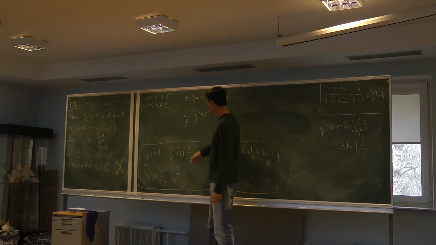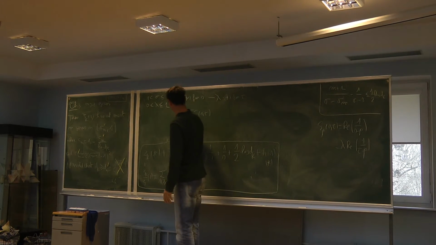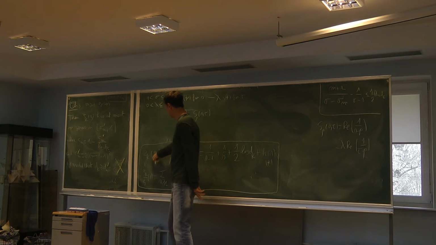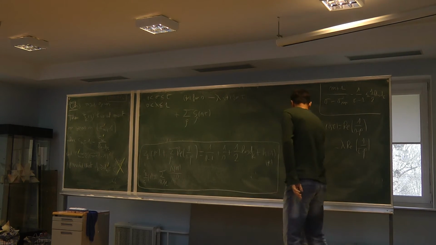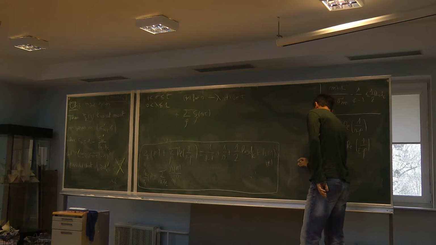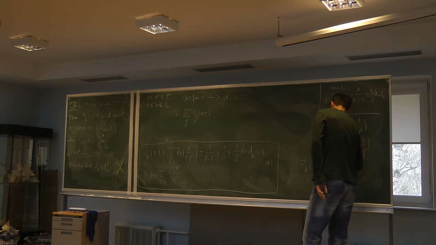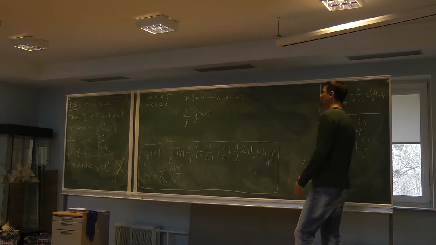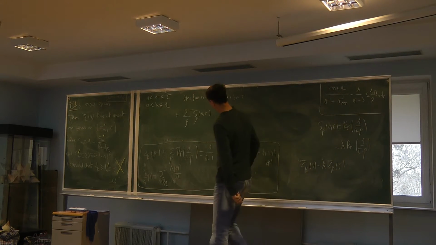Okay, so on the left hand side you have that, and then you have something here, which is that. That is the same as what I did in the previous proof.